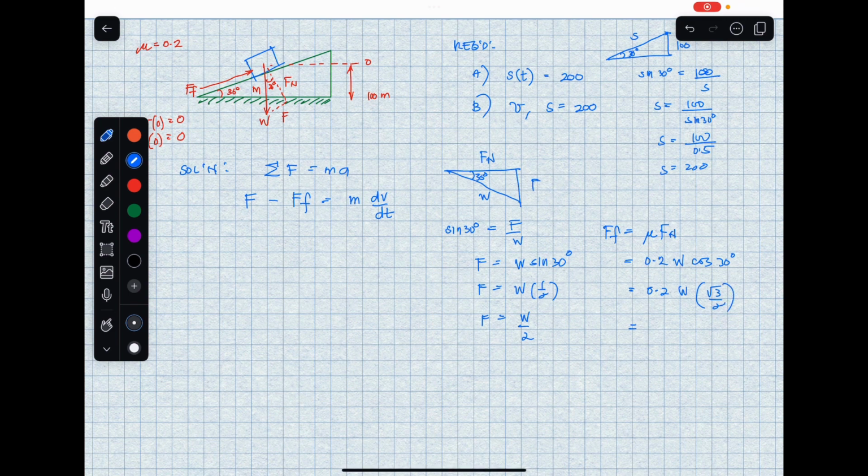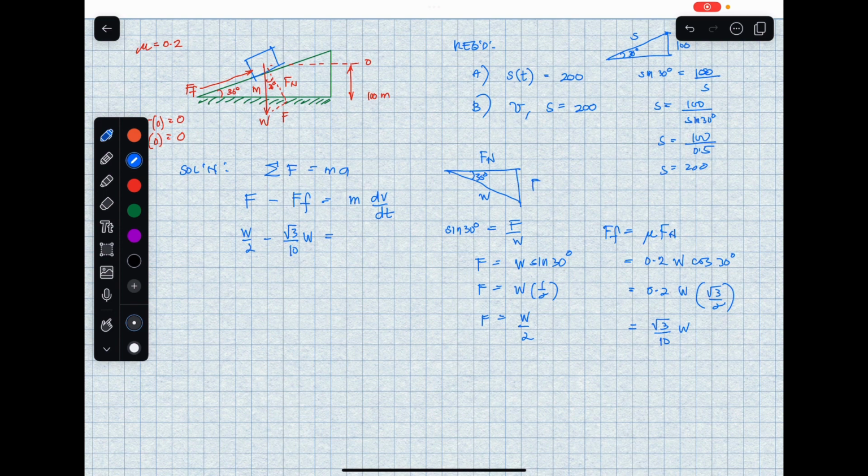Thus 0.2 over 2 is 1 over 10, so the frictional force is square root of 3 over 10 W. So thus we have W over 2 minus square root of 3 over 10 times W.